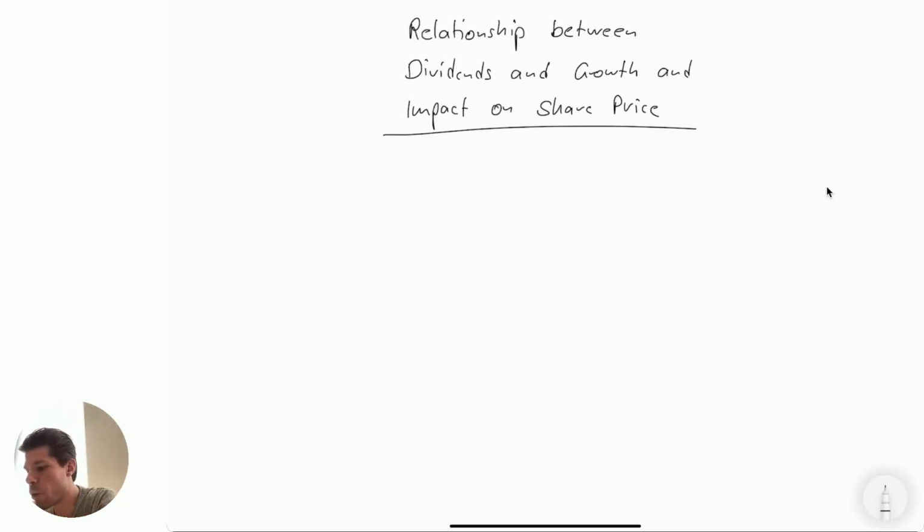Last time we discussed how we can use the dividend discount model to calculate a share price as one of the methods. Today I want to go into a little bit more detail to explain the relationship between dividends and the underlying growth rate and also their impact on share prices.